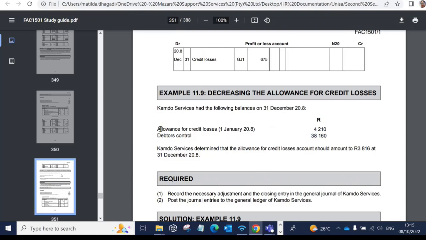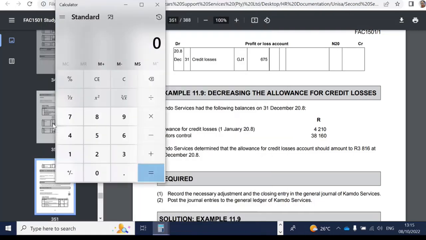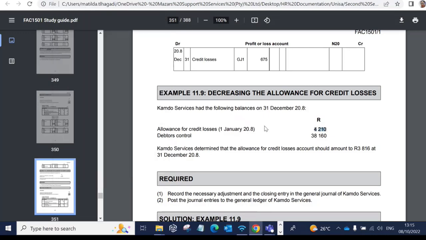Basically you take 4,210 minus 3,816. The adjustment will be 394. How did I get to 394? The existing allowance less what we catered for.